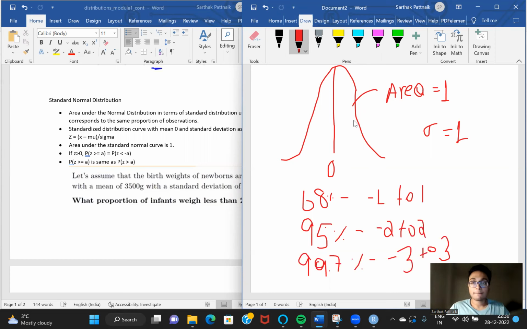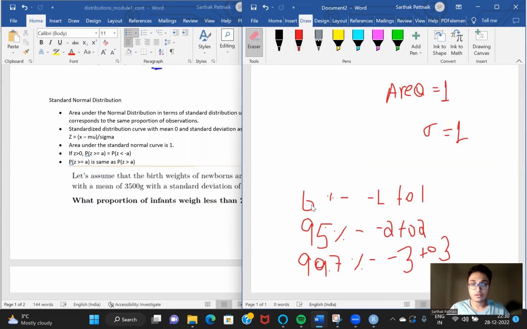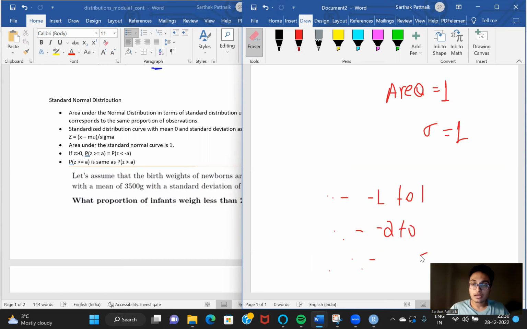Now we look at some of the properties of a standard normal distributed curve, which are extremely important from an area under the curve perspective.